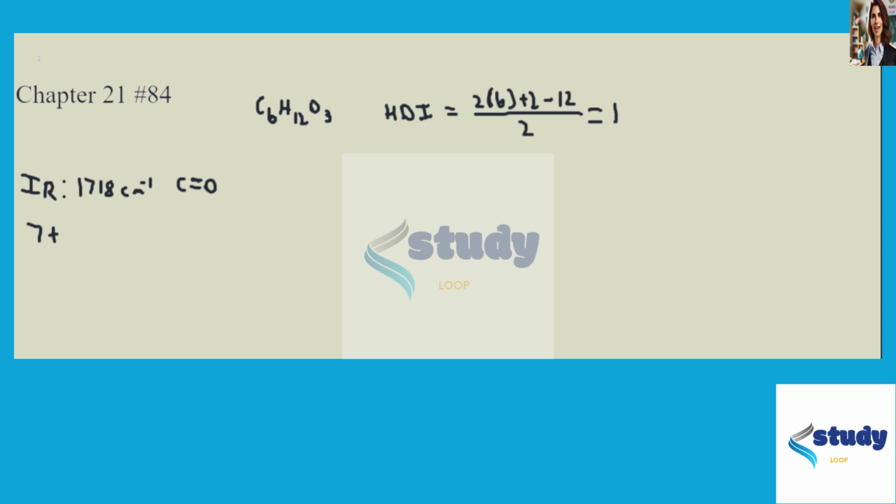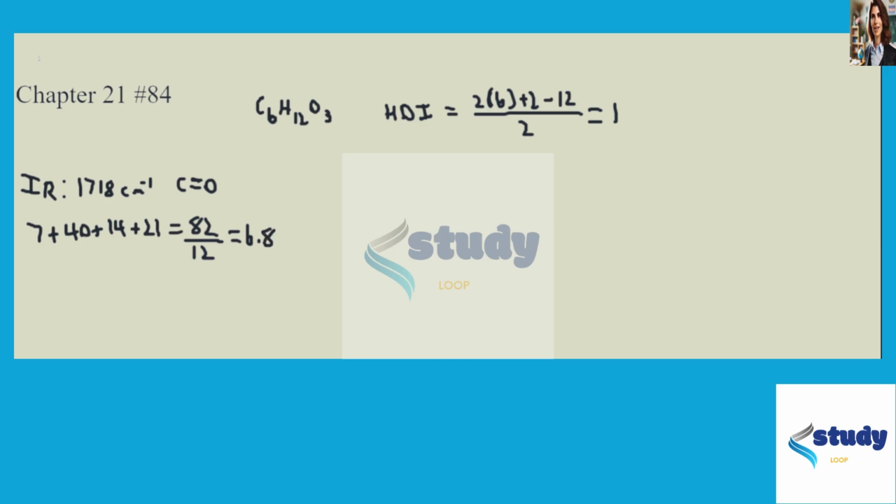The next signal is 40. The next signal is 14. And the next signal is 21. All of that added together is going to give us 82. When we divide 82 by 12, which is the number of hydrogens that we're looking for, we get 6.8.